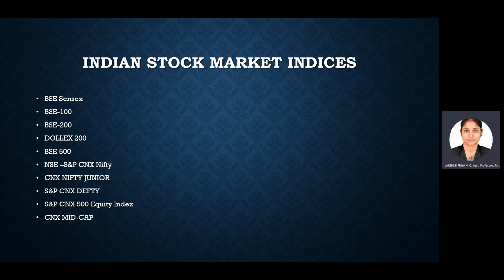In the Indian stock market, there are so many indices that have been formulated and followed, like the BSE sensitive index, BSE 100, BSE 200, Dolex 200, BSE 500, S&P CNX Nifty, CNX Nifty Junior.